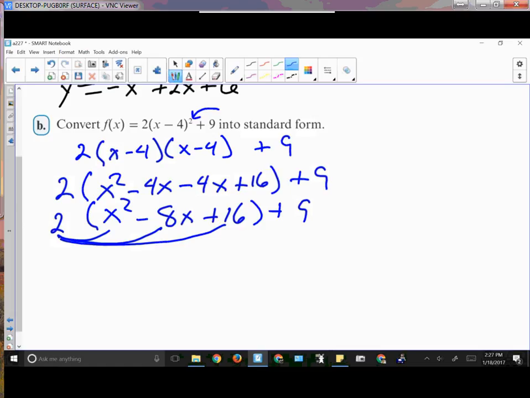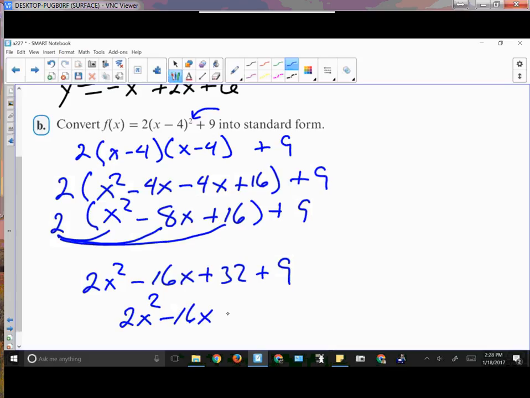So now what we got it looking like is 2x squared minus 16x plus 32 plus 9. Then I got to add like terms again, so it's going to be 2x squared minus 16x plus 41.